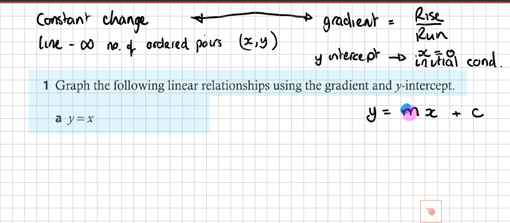What's m and what's c? m is the gradient, c is the y-axis intercept. The initial condition is the plus c, and the gradient is the rise over run. So that should tell us everything we need to know about gradient.